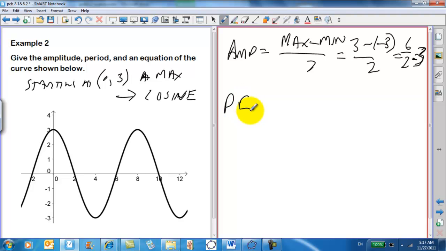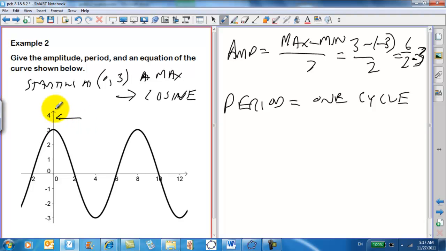The period we spot from here, and that's one cycle of this function. And it looks like it ranges from here to here. So that's from 0 to 8, so the period equals 8.